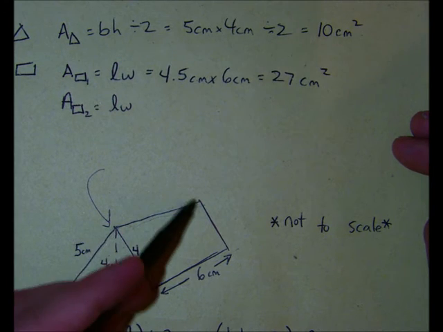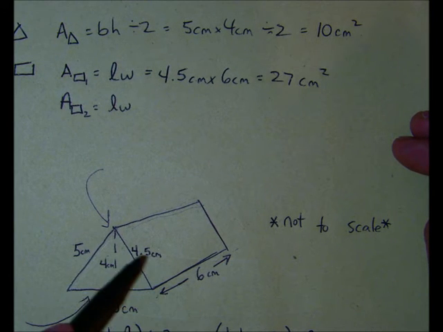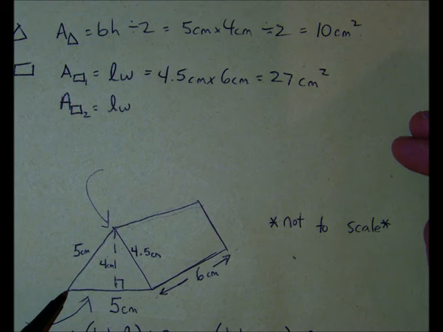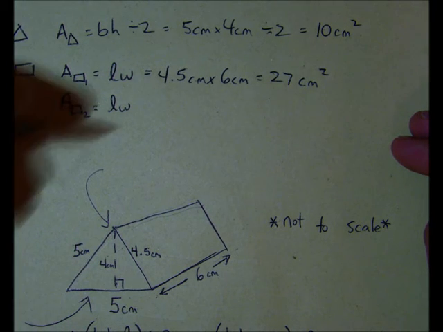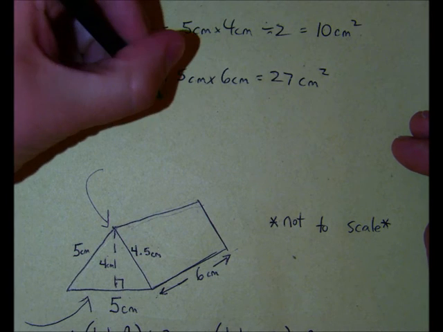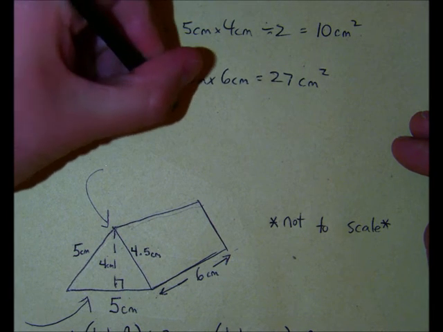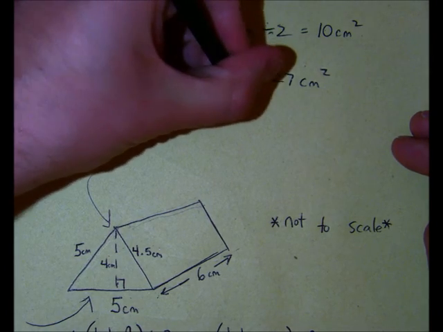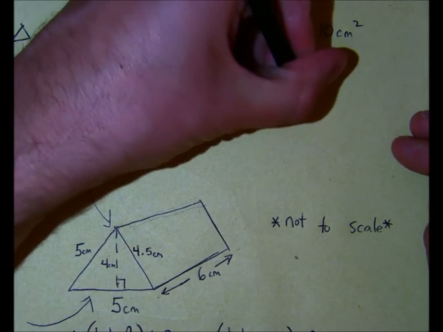And the length is still going to be 6. So this rectangle on the left-hand side is going to be a 5 by 6 rectangle. So we're going to go 5 centimeters by 6 centimeters, and that's 30 square centimeters.